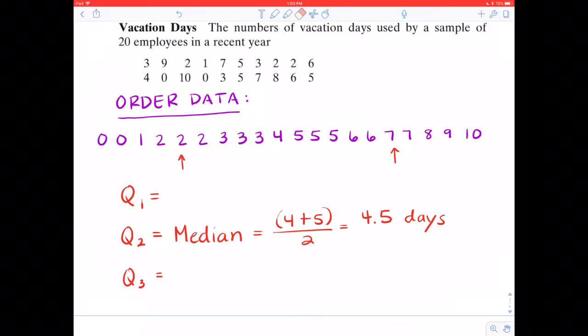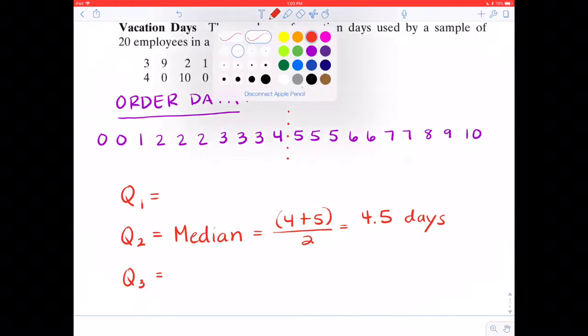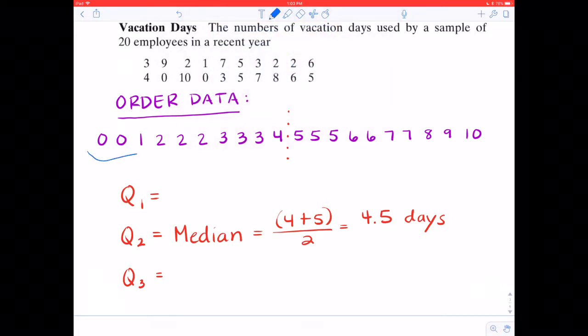All right, now, what the second quartile is going to do is it's going to split the data set right down the middle. Now when you split the data set right down the middle, you're going to look at the first half of values as those below the median.